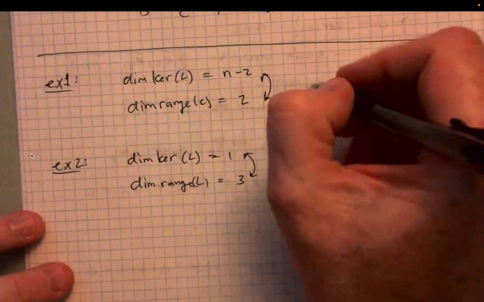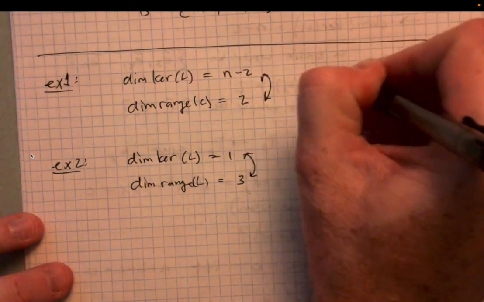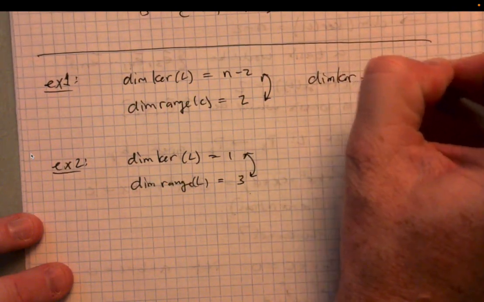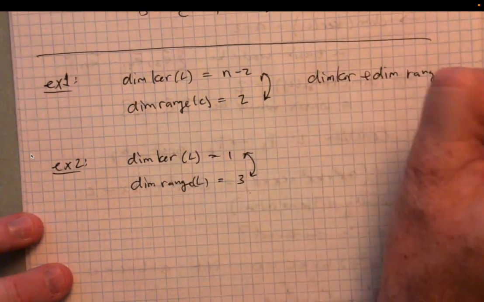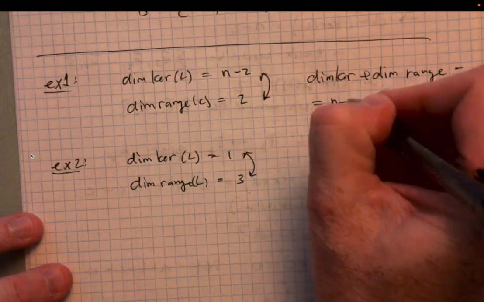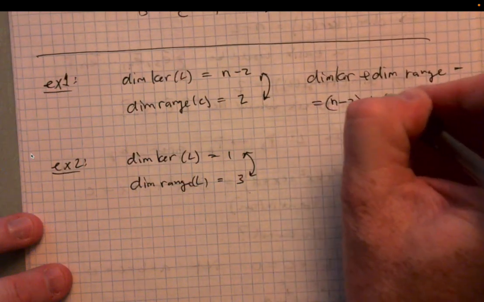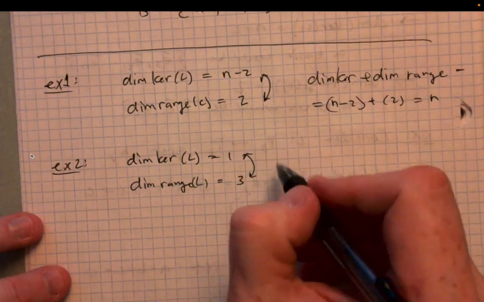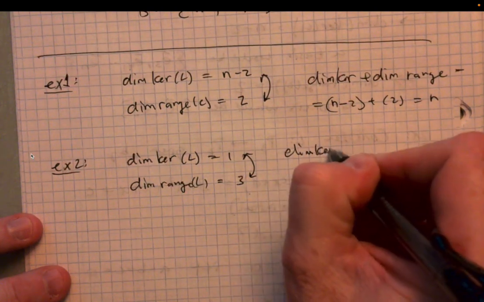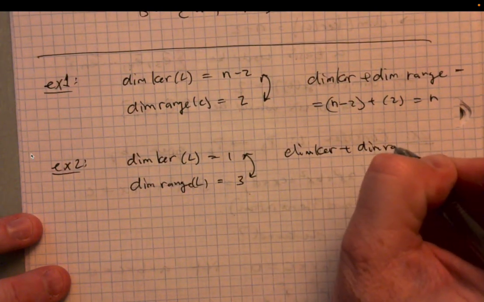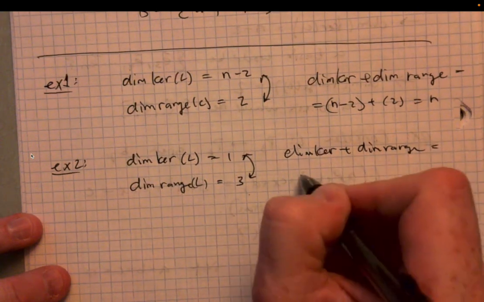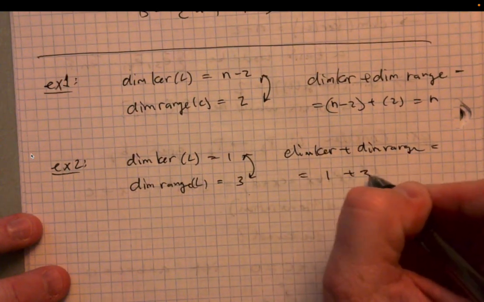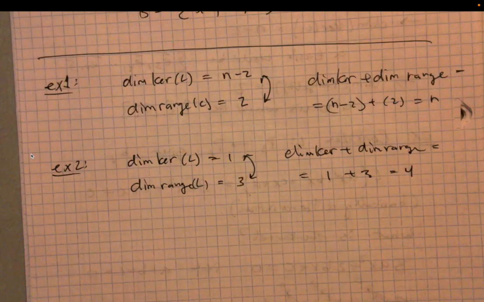And so in this case, dim ker plus dim range is equal to n minus 2 plus 2, which is n. And in this case, the dimension of the kernel plus the dimension of the range is equal to 1 plus 3, which is 4. Okay, and so the dimension theorem is what we're going to look at next.